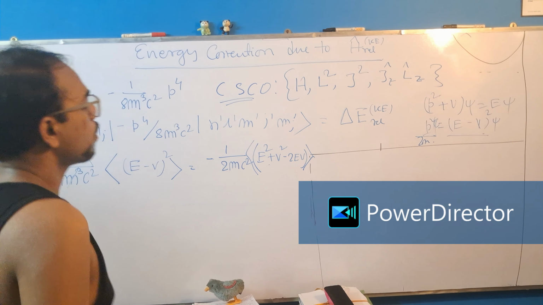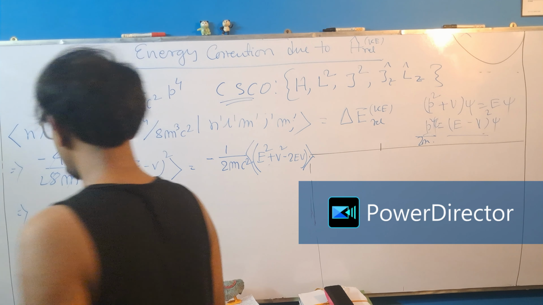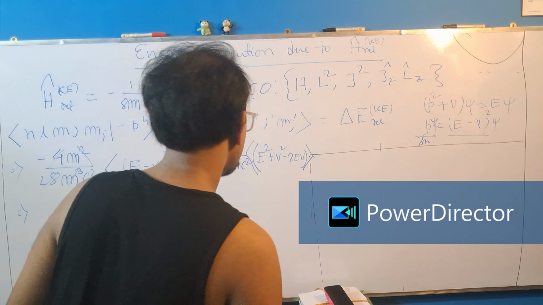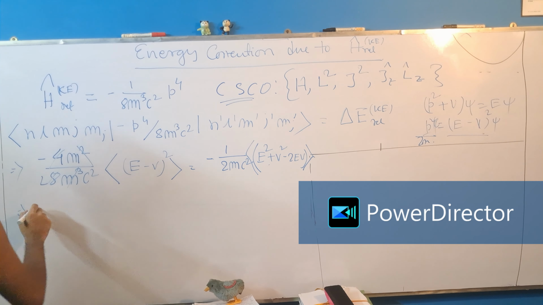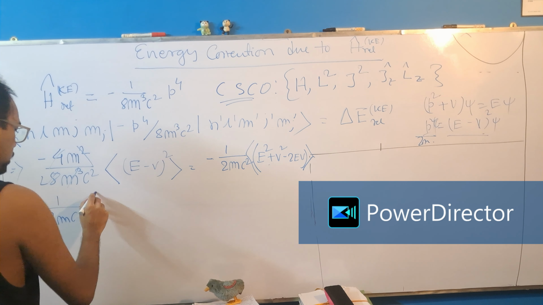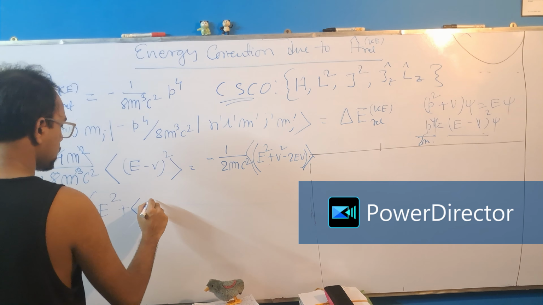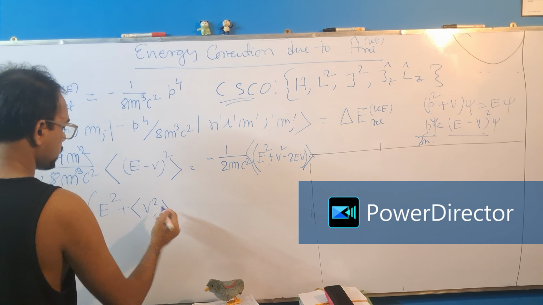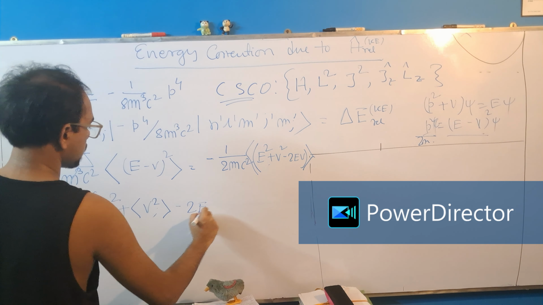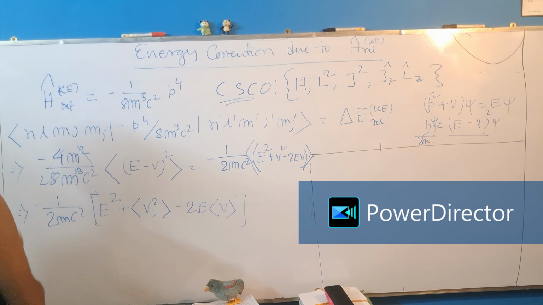Now E is already an eigenvalue, so the average of an eigenvalue is also a number. The average of a number is always a number, so I don't have to worry too much about this E squared and it will stay as it is. So E squared plus the average will act on the potential, V squared minus 2E and the V. I hope till this part we are clear.